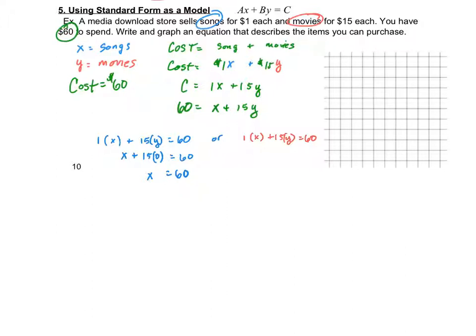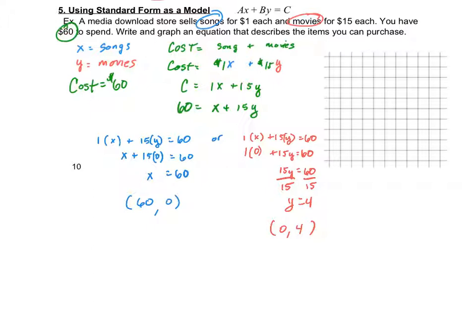If I purchase 0 songs, how many movies can I purchase? That would be 15y equals 60, divided by 15. That tells me that I can purchase 4 movies if I purchase no songs. So this would be an ordered pair of 0 songs and 4 movies, and the other would be 60 songs and no movies. So now I can go ahead and graph this.